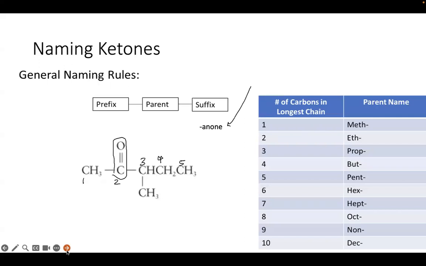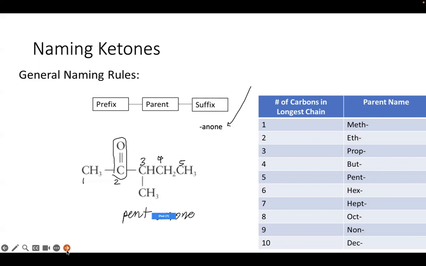So this is the desired direction. I know I'm going to use the suffix -anone because there's a ketone present. It's a 5-carbon parent chain, so the parent name is pentanone.